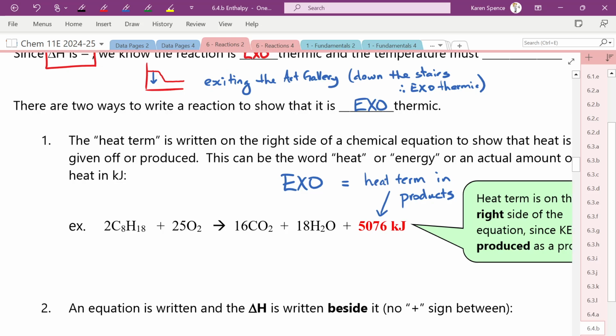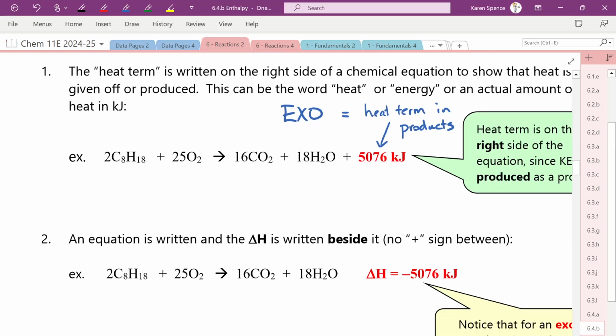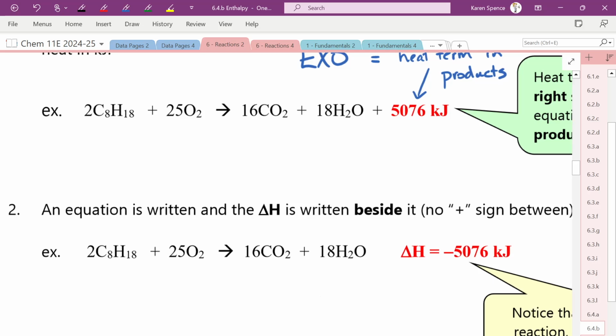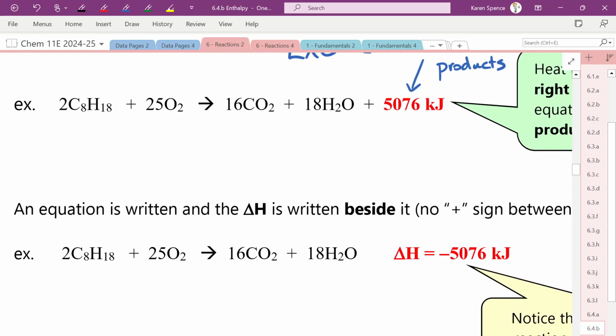The other way to show that a reaction is exothermic is to write the reaction without an energy term in it and to write the delta H beside the reaction. So you can write the delta H separately and give the sign.